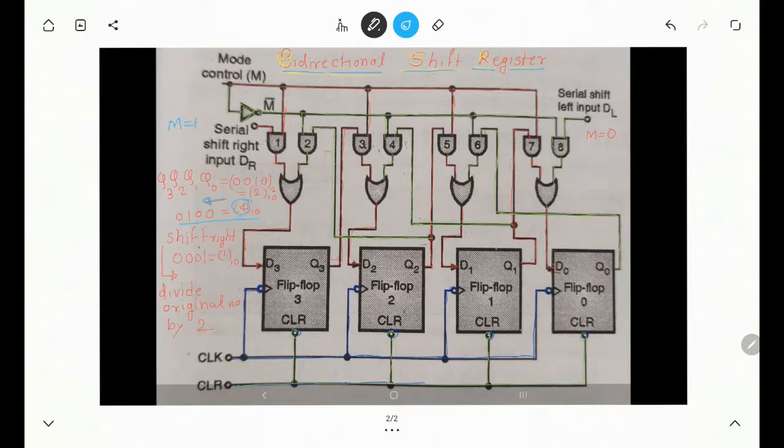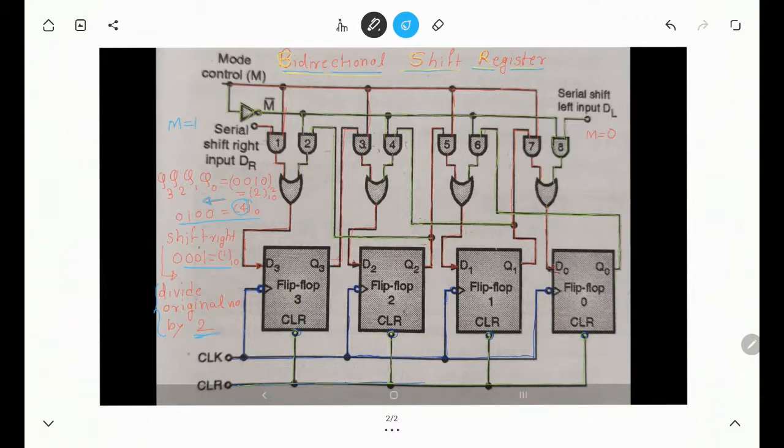Okay, so in a left shift data is multiplied by 2, and if the same data is shifted towards the right, in that case it becomes 1, meaning when it is shifted towards the right, the original number gets divided by 2.